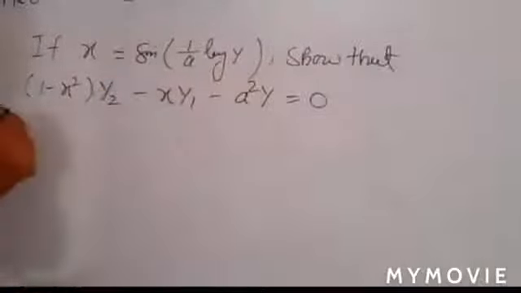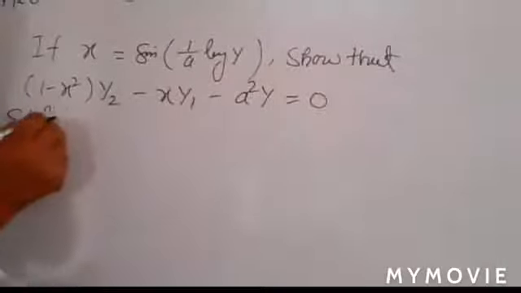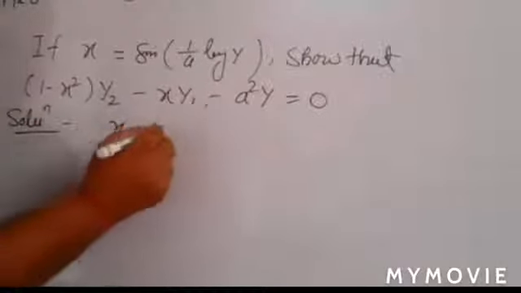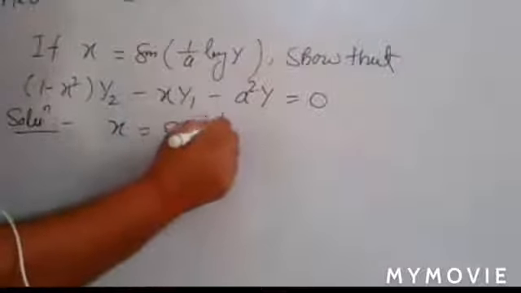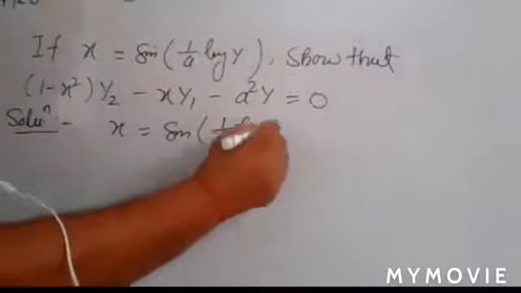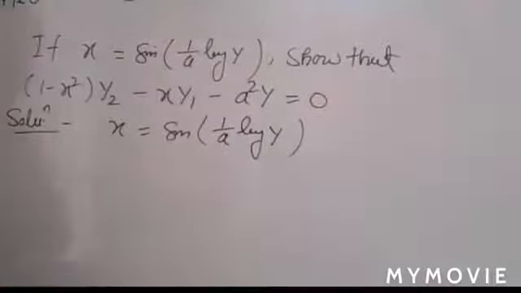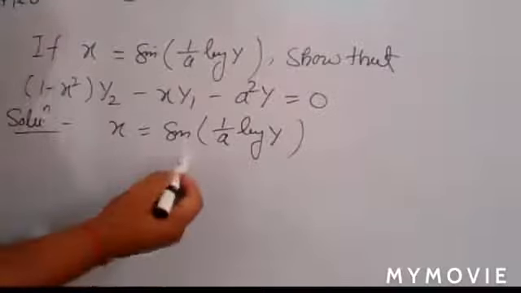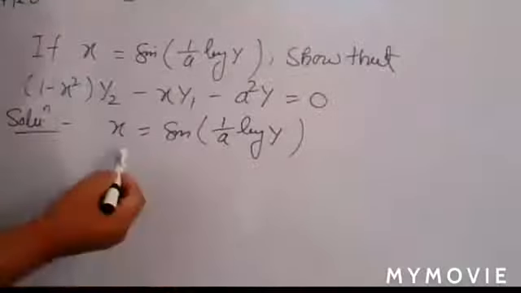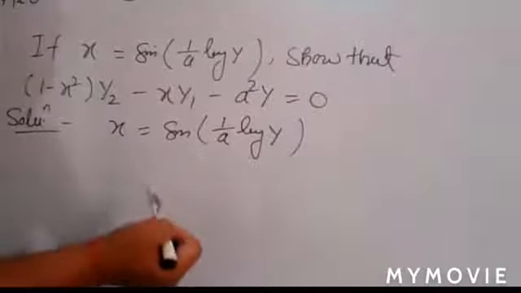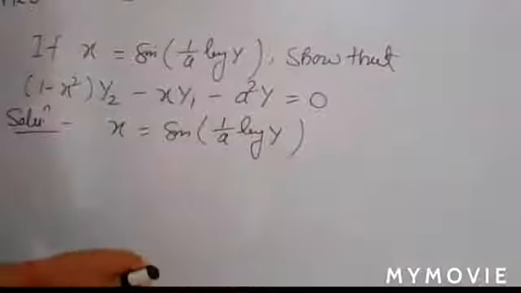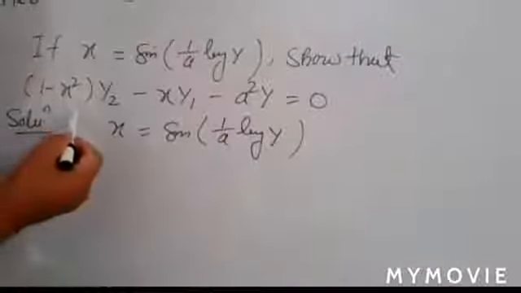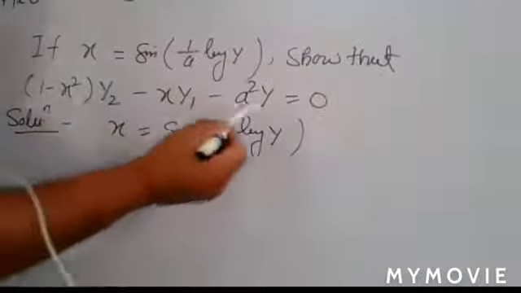So first you write your given equation, x is equal to sine of 1 upon a log y. Are you applying the derivative here directly? No. If you apply it here, you get a cos term and some other terms, but your required result is in terms of x.